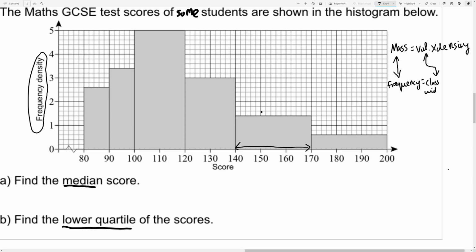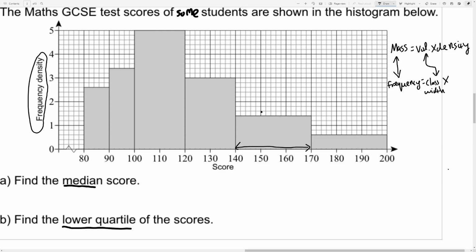The density of a solid object is basically how compressed it is, how close together the material is. If we think about number density, which is electron density, you can think of the density of the electrons in a piece of circuit wire. Or we could think here about how closely together the test scores are grouped in certain class widths.